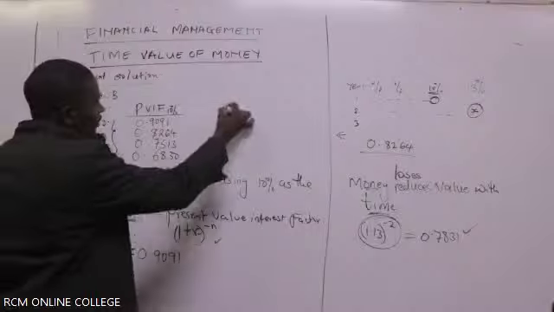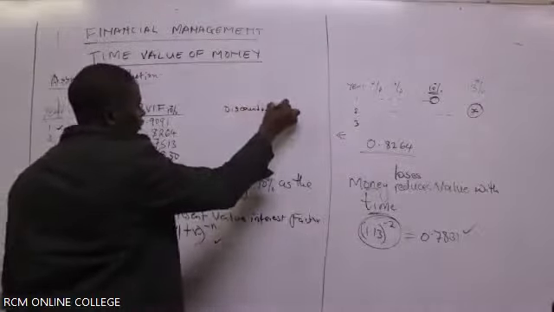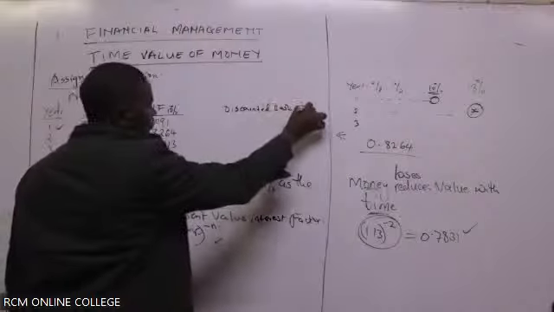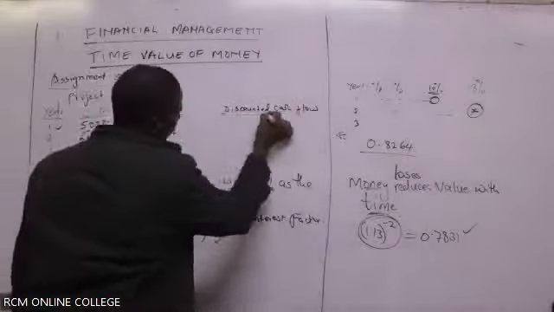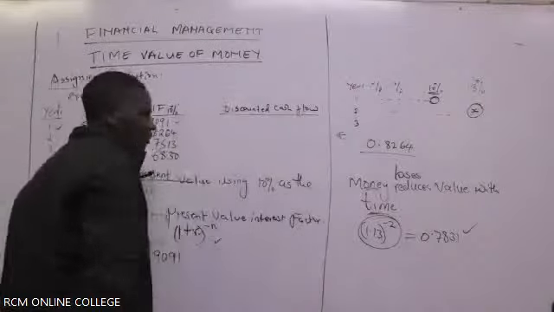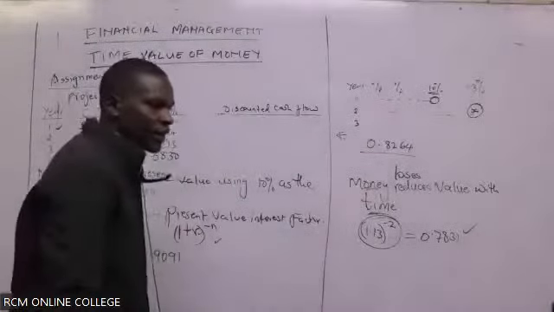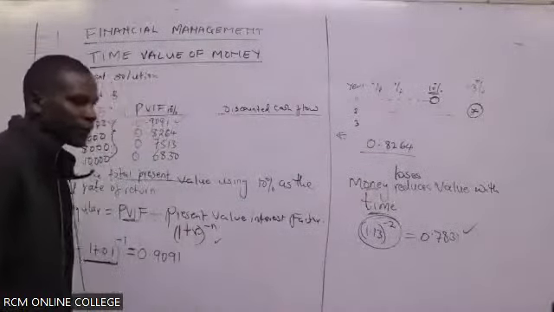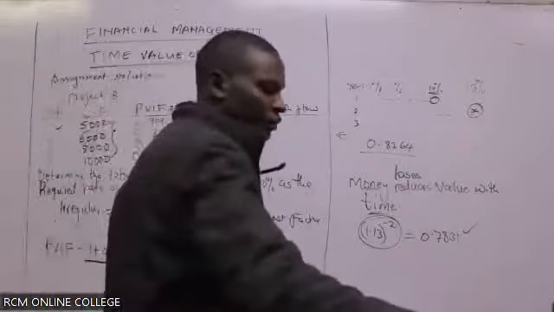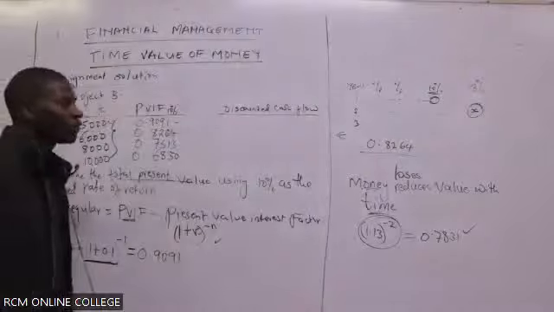0.6830. To get the discounted cash flow, you just take the cash flow times the PVF. Cash flow times PVF. What will the first one give us? Chanione, the first one, what are we going to get?